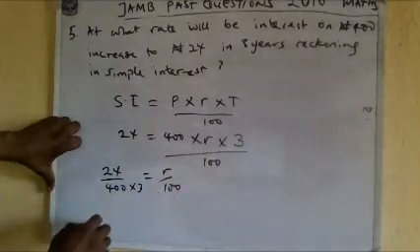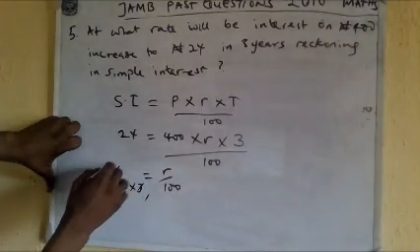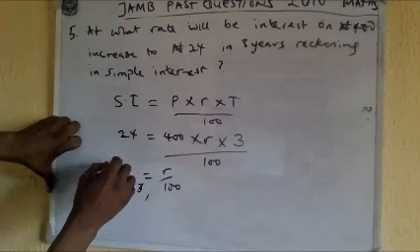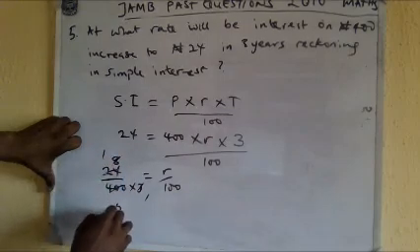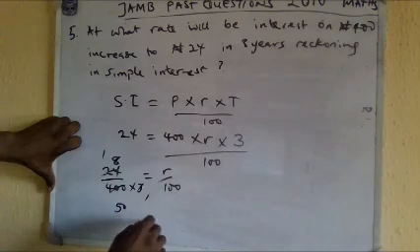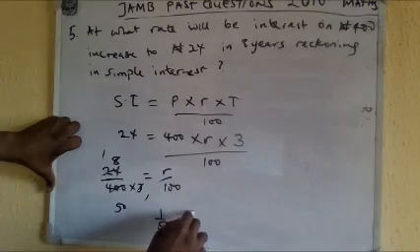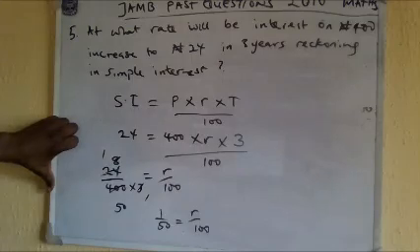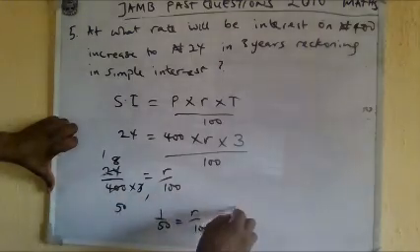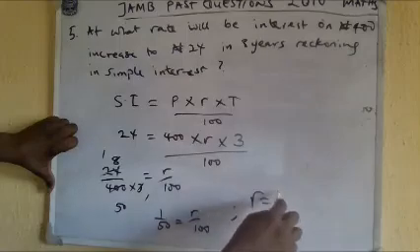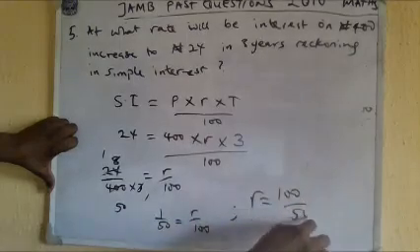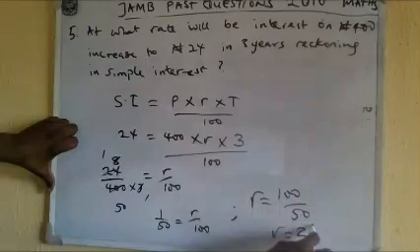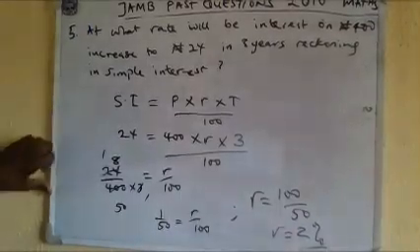Okay, so what is here now? 3 here 1, 3 here 8. 8 here 1, 8 here 50. So 1 over 50 is equal to R over 100. So R is equal to 100 over 50. R is equal to 2. That's 2%. 2% is the rate.